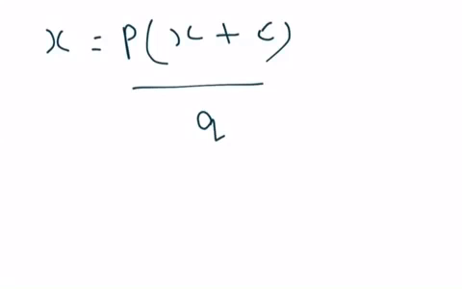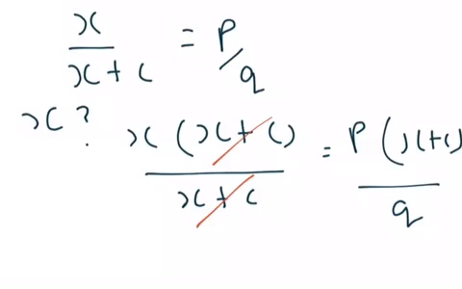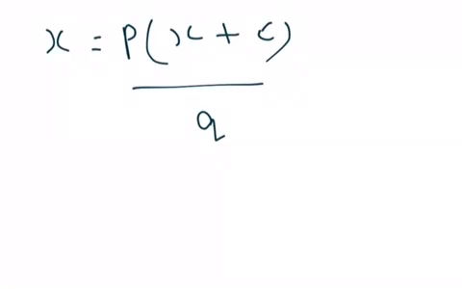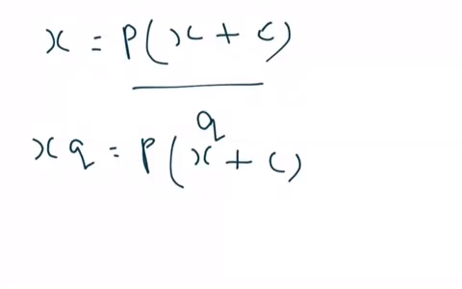Right, now if I multiply both sides by q, because again I've got a fraction here and I don't want a fraction here, we would have xq equals p brackets x plus c. Now at this stage you may be noticing that what we're going to do here essentially is to expand this bracket, rearrange it, and then there will be some factorizing involved. You should be able to see that here.